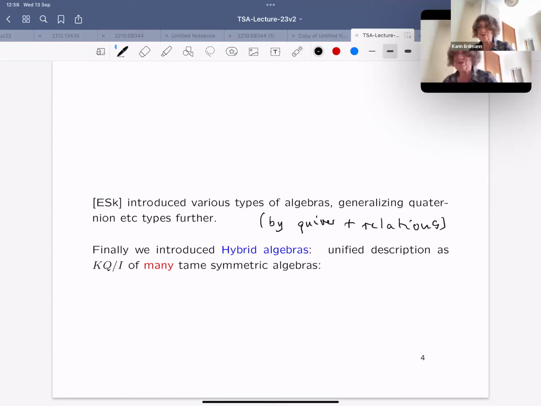But finally we got to introducing what we call hybrid algebras. The reason for calling them hybrid algebras, it was actually before the lockdown, before hybrid meetings happened, was because they at the same time contain the periodic algebras, the quaternion type, and also all the other ones. So in some sense, they would be hybrid.